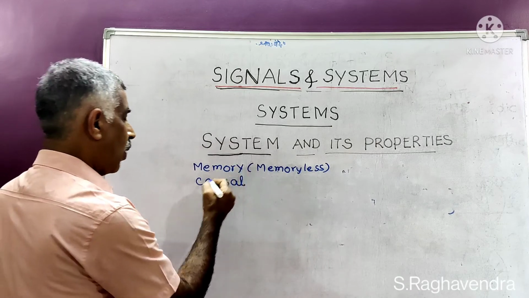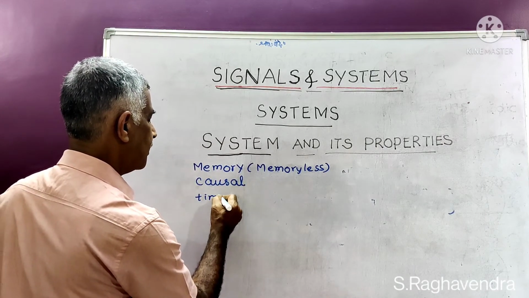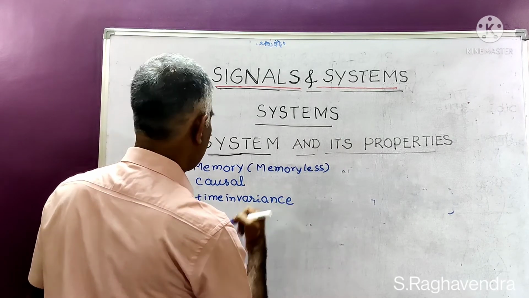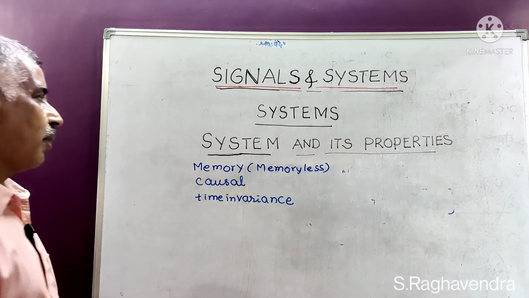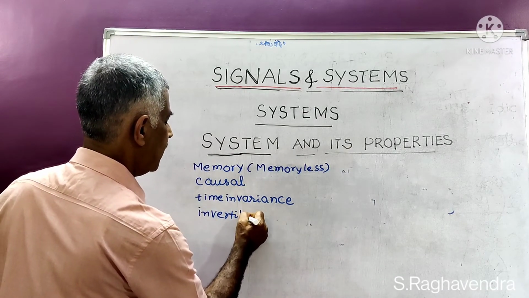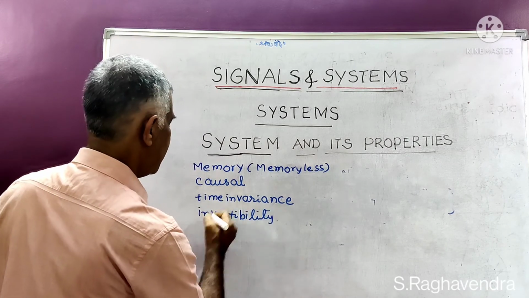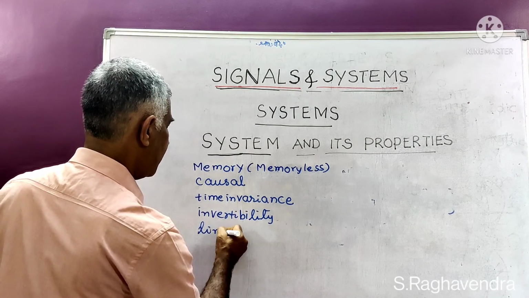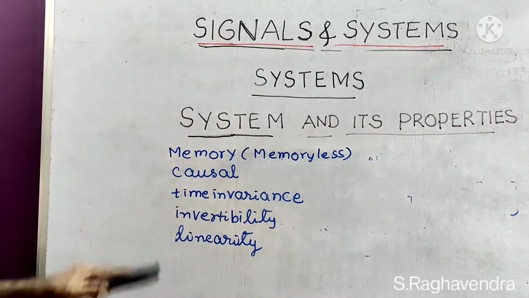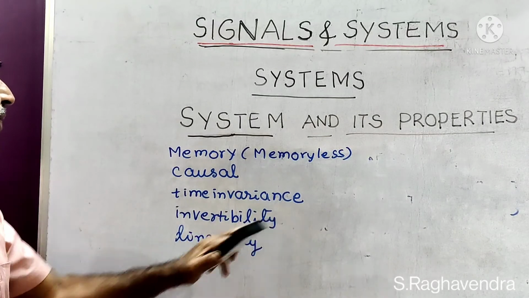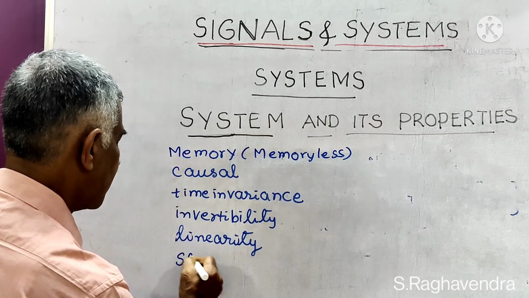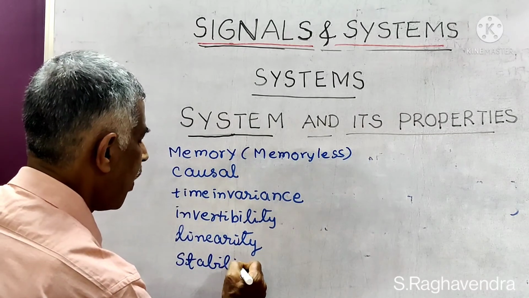Then the property of time invariance, then invertibility, then linearity, and stability. These are all called properties.